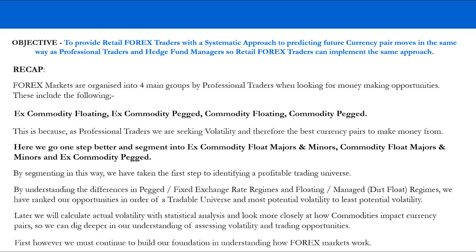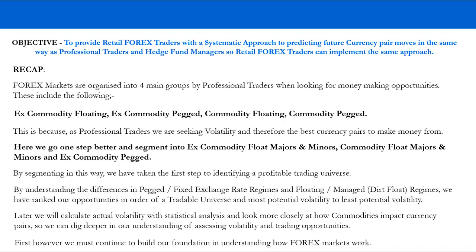And that's because as professional traders, we're seeking the volatility and the best currency pairs to make money from. But we've gone one step better now. We've started to segment the currency pairs into more distinct definitions.